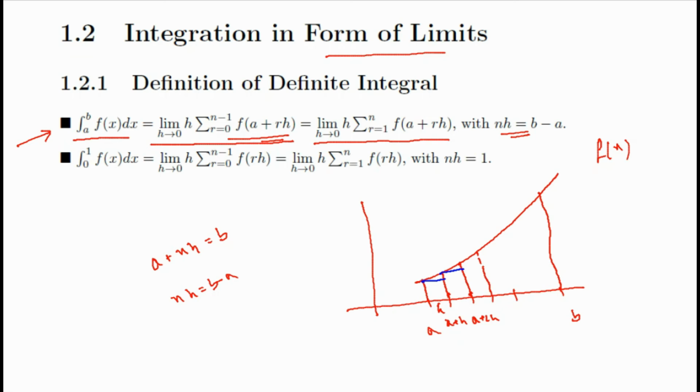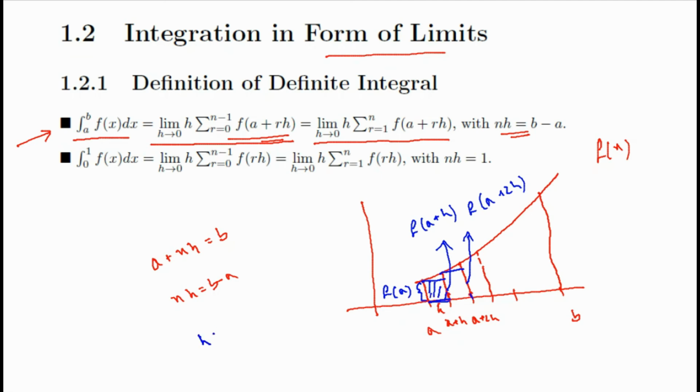Now this is h, and this is actually f of a. Similarly, this is our a plus h. This is f of a plus h, and so on. Basically, what about this area?